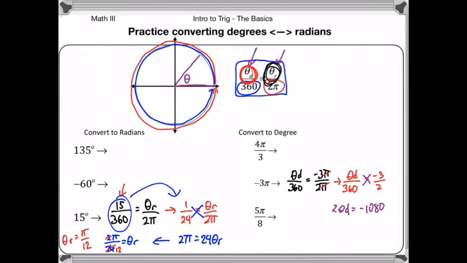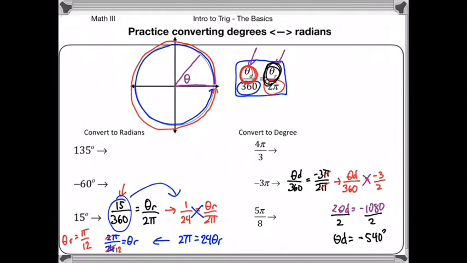And then I'm going to divide each side by 2. That degree measure is going to be negative 540 degrees.